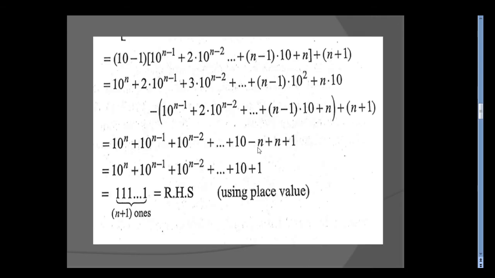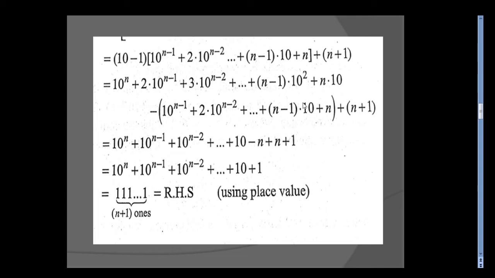Now when we multiply by 10, we get 10 into 10 power n minus 1 is 10 power n. 10 into 10 power n minus 2 is 10 power n minus 1. 10 into 10 power n minus 3, we will get 10 power n minus 2, and it goes on, and finally here we have n plus 1. Now we multiply minus 1 with this equation.